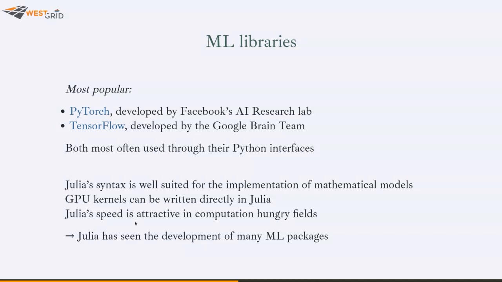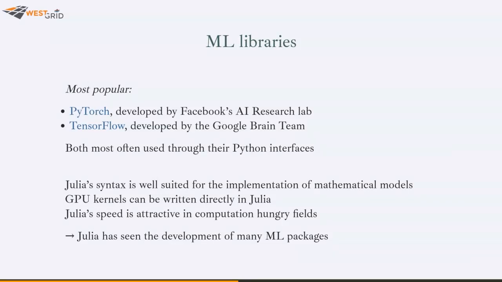Another thing is that Julia's speed, thanks to just-in-time compilation and other particularities of Julia, makes it quite nice for a field that is very computationally hungry. But there are other things that I didn't mention here, and that are interesting in research.